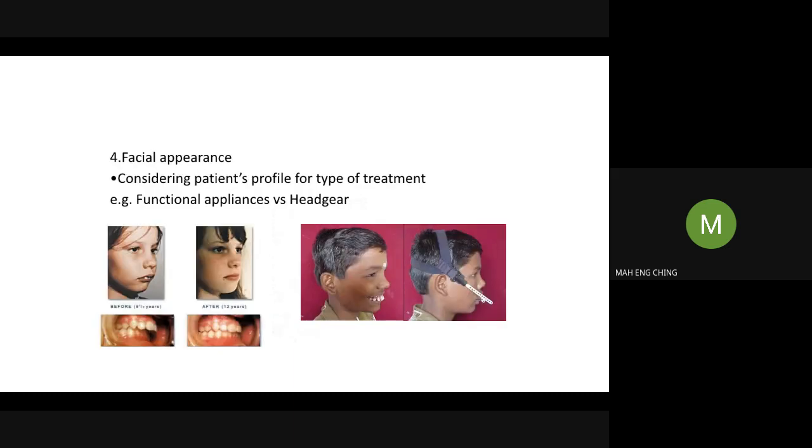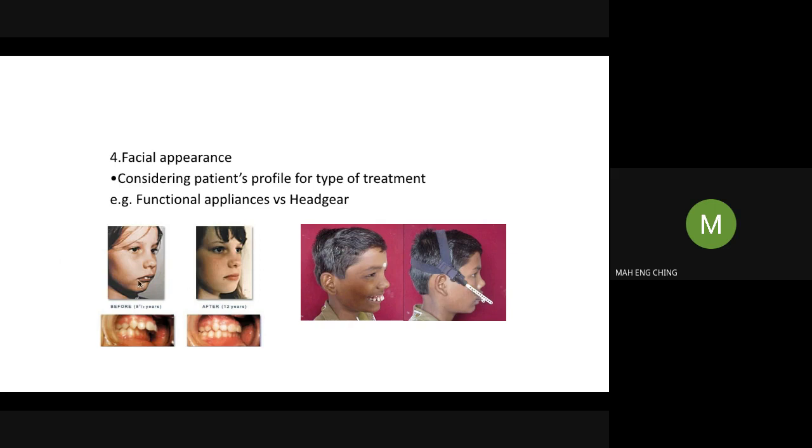For facial appearance, we should consider the patient's profile for the type of treatment we are going to use. Let's say the patient has a longer maxilla, then maybe we go for headgear. If the upper maxilla is too long, you go for headgear, hoping to bring the upper maxilla back, or if not, we try to restrict the growth of the maxilla.